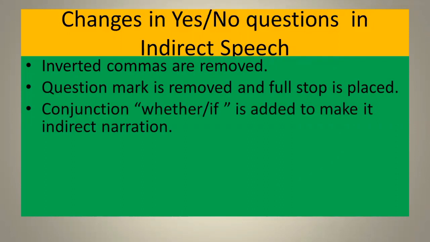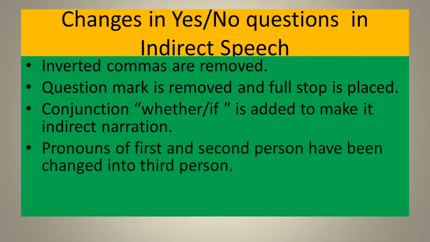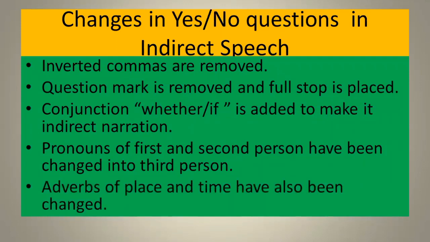The conjunction whether or if is added to make it indirect narration. Pronouns of first and second person have been changed into third person, and pronoun of second person has been changed into first person pronoun if the person addressed reports the speech. Adverbs of place and time have also been changed.